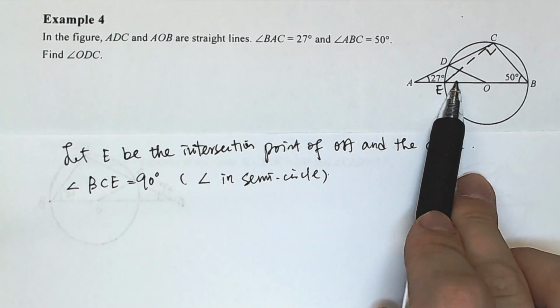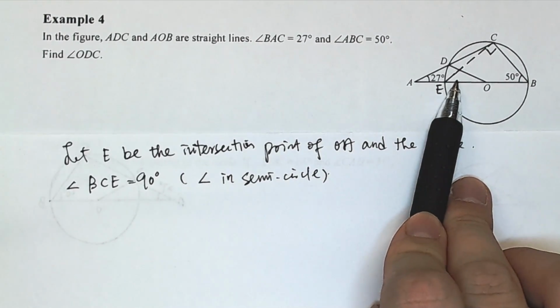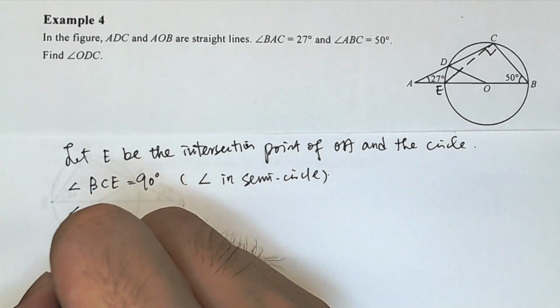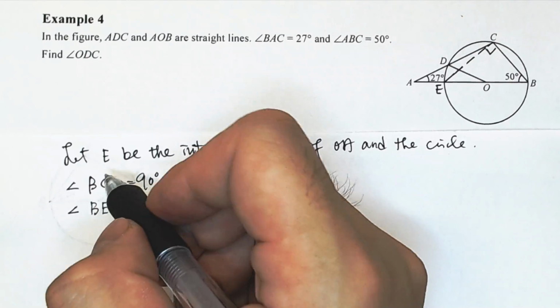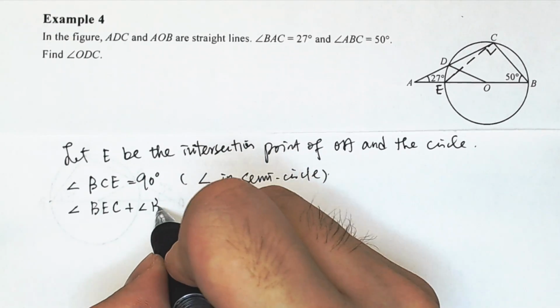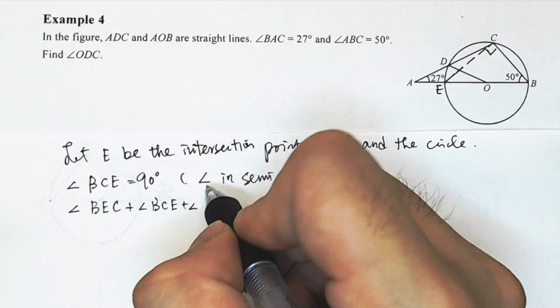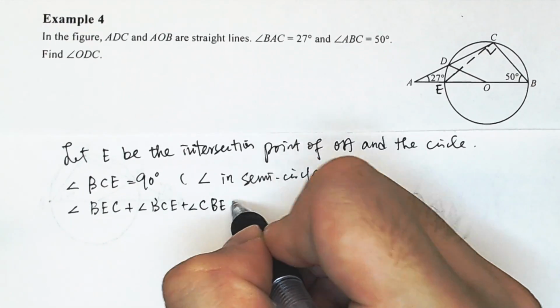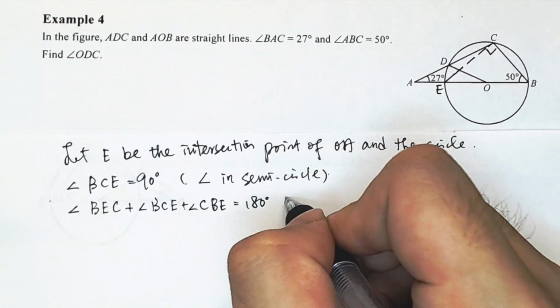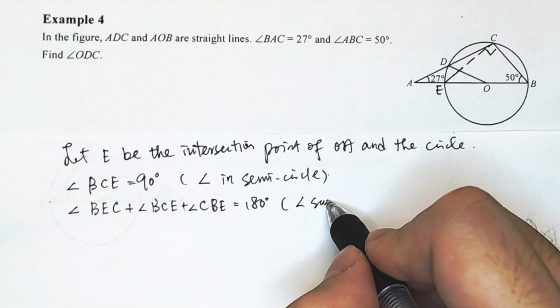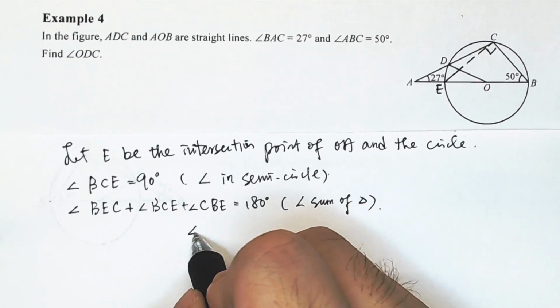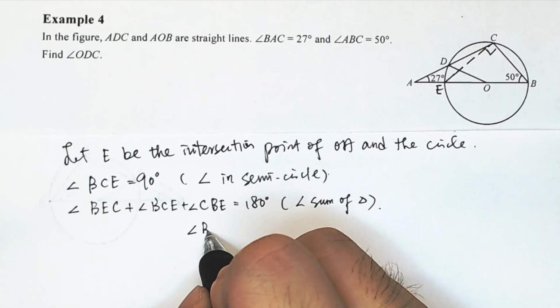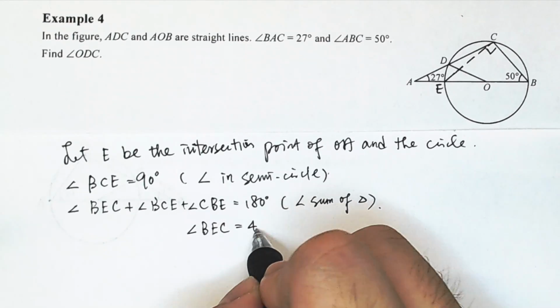Now you can find this angle to be 40 degrees by the angle sum of triangle. So the angles in triangle BCE sum to 180 degrees, and you know that angle BEC is 40 degrees.